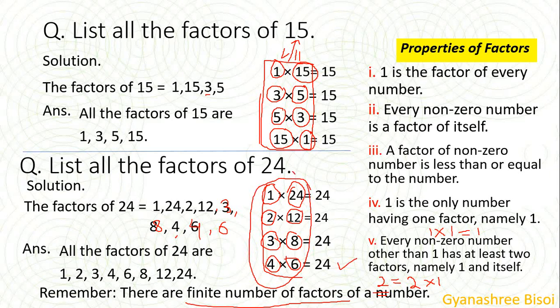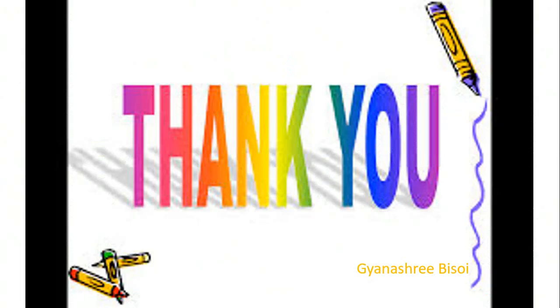So, there are a fixed number of ways by which I can multiply two numbers to get the multiple, and these numbers are the factors. So, there are a finite number of factors of a given number. But there are infinite multiples we can find for a given number. Factors are finite, meaning limited, but multiples are infinite. Okay? Thank you.